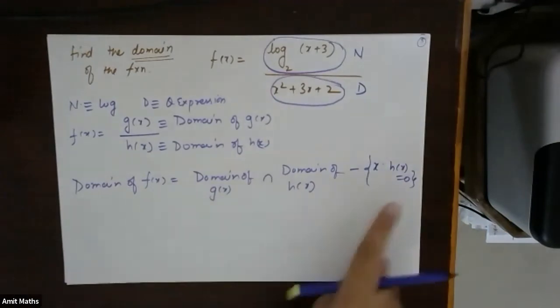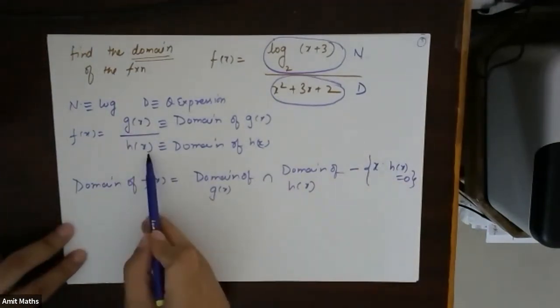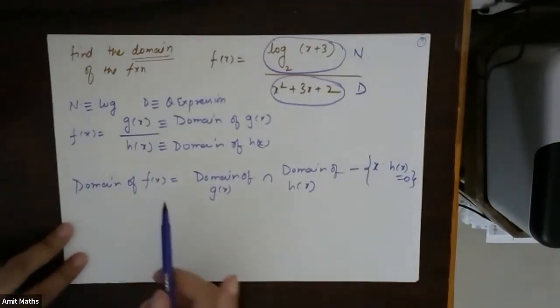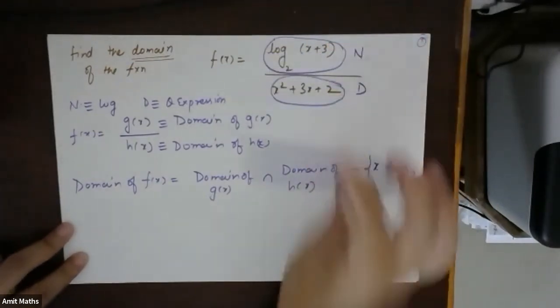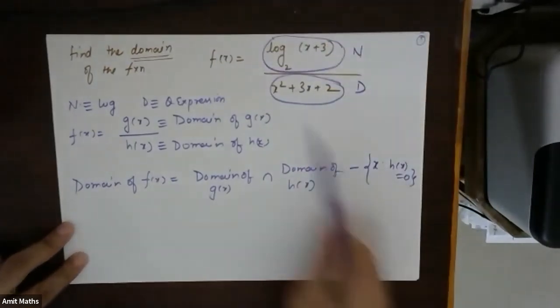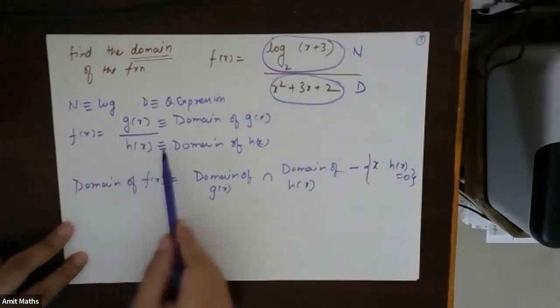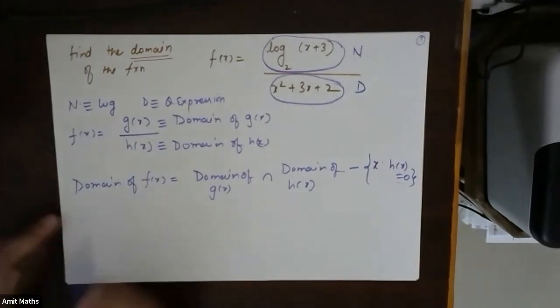I hope this is okay. I will find the domain of g of x, I will find the domain of h of x, and I will take the intersection. Intersection will give me only those values which are satisfied by the numerator as well as the denominator, minus the values of x for which the denominator h of x is equal to 0.